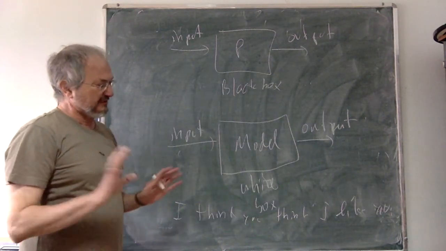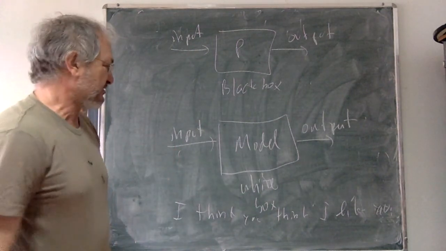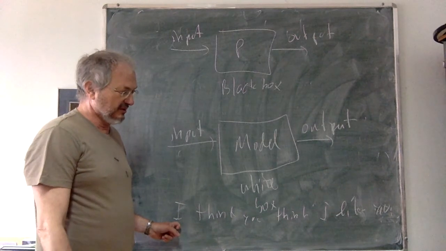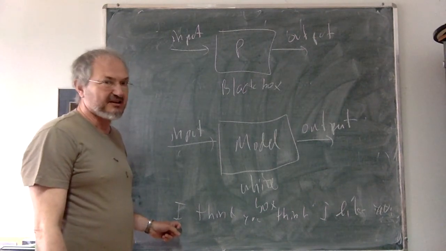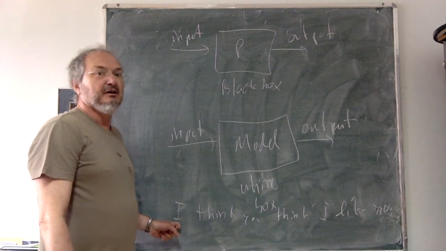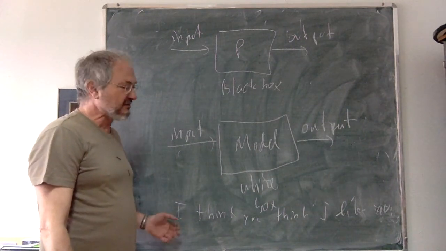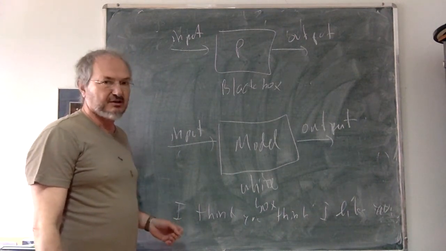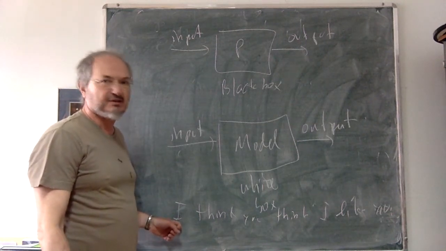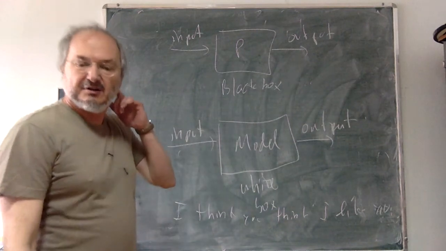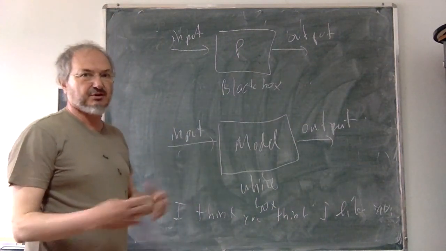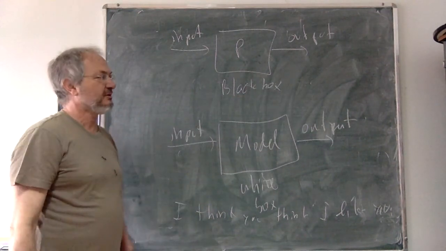But let's not get into morphology at this point. This is potentially infinite. I can keep doing this without getting out of English. I start with I like you, I think I like you, you think I like you, I think you think I like you, I think you think I think you think I like you, and keep going like this. And you get a potentially infinite fragment of English without ever going out of the grammar of English.